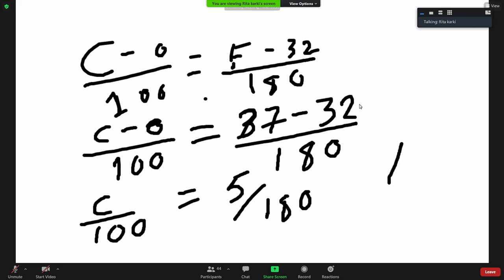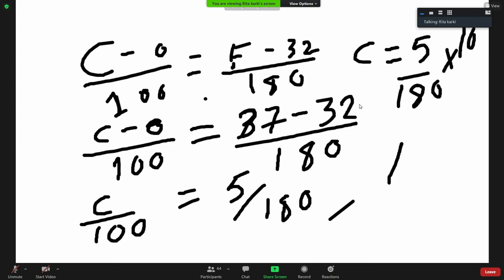Okay, so where shall I write now? If I select the eraser, this will all be gone. I'll write here on the right side. So C equals 5 upon 180 into 100.